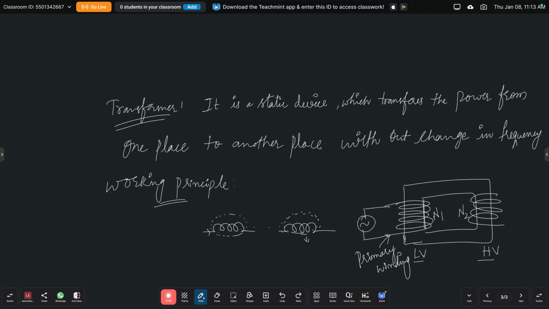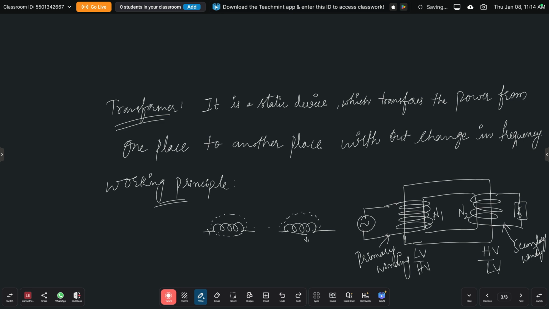Whenever we connect the load terminal to one of the windings, whether it is the LV winding or HV winding, we call it the secondary winding. Based on that, we represent N1 number of turns on the primary side and N2 number of turns on the secondary side.